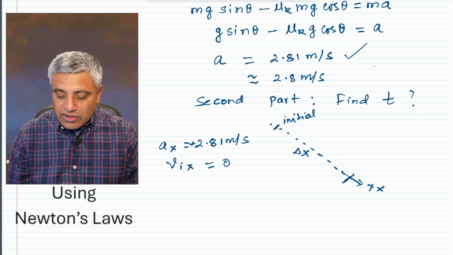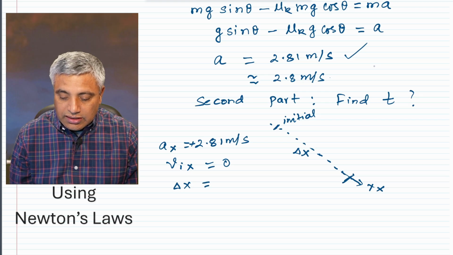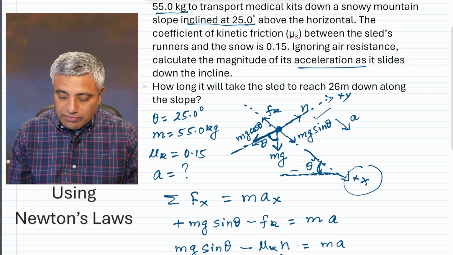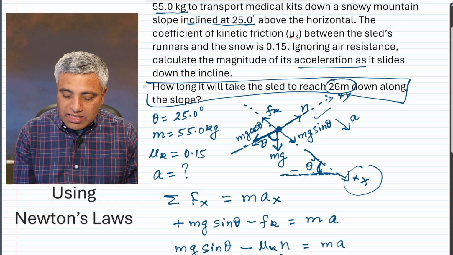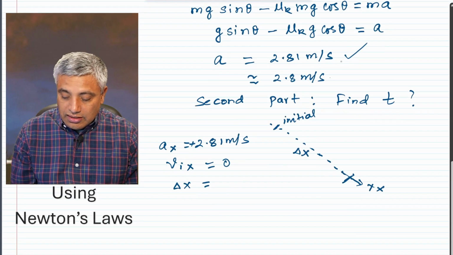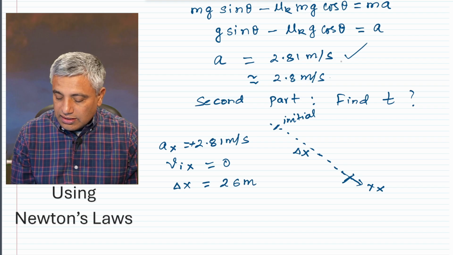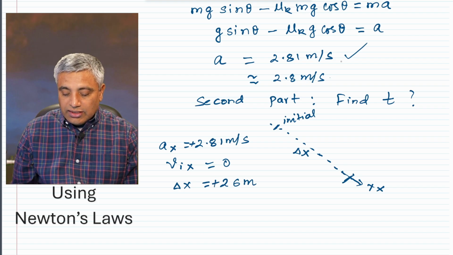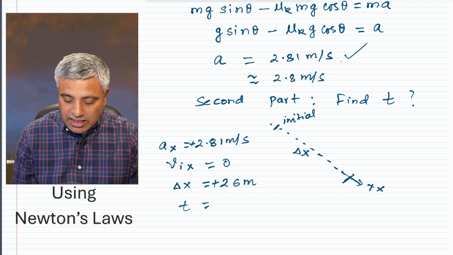The acceleration we already found. And the displacement is 26 meters, and since downhill is positive and the object is sliding downhill, it's going to be positive. We are asked to find the time interval.